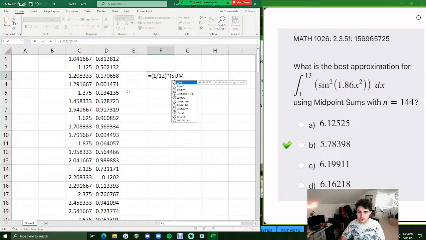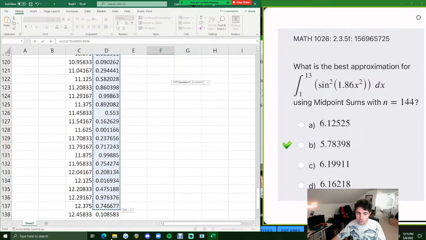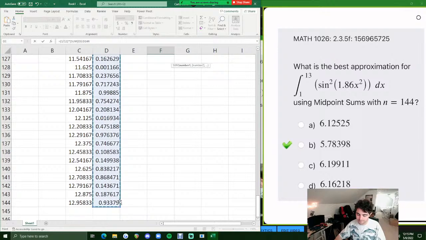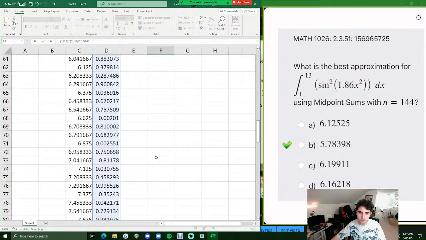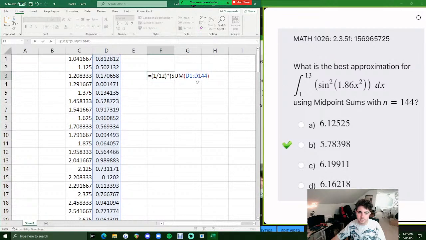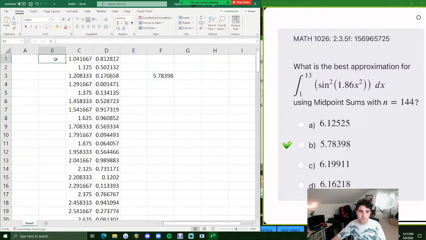And so we're going to use the sum argument and we're going to highlight all of these. And when we scroll back up, you'll get a better glimpse of what we just did. So the width times the sum of the heights. And then we get this 5.78398.